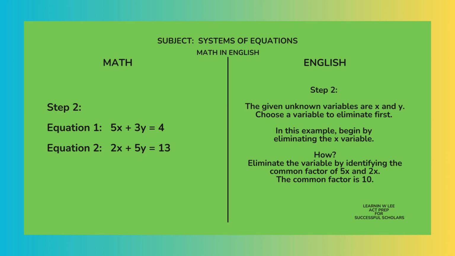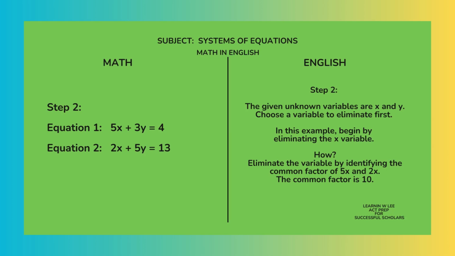Next, we're trying to find a common factor, and the easiest way I explain this to my students is by multiplying each value by the other. So for instance, equation 1 has 5x, so I would multiply that by 2. Equation 2 has 2x, so I'll multiply that by 5.